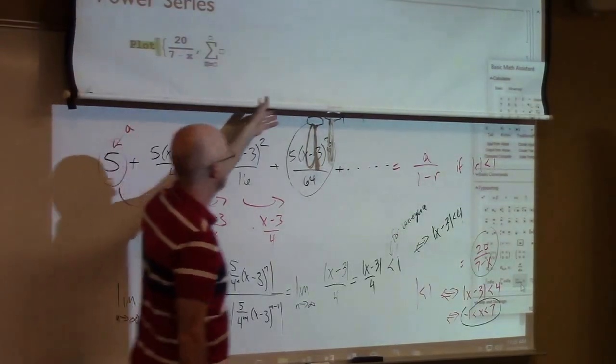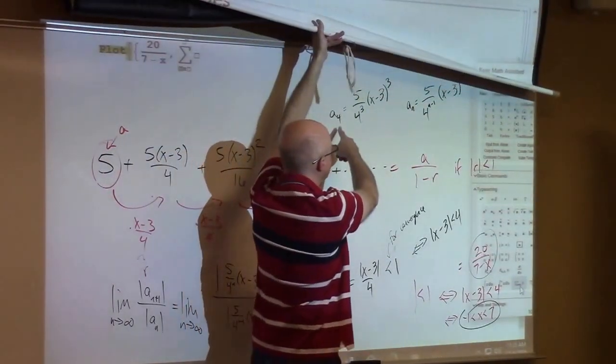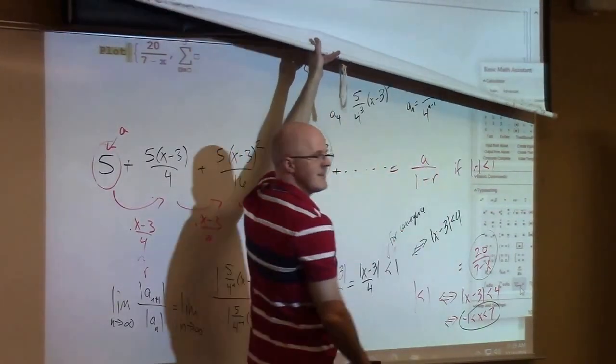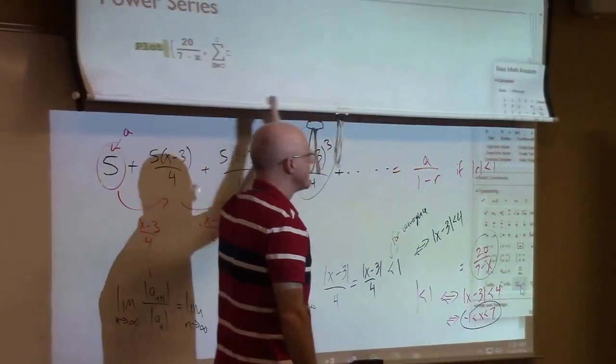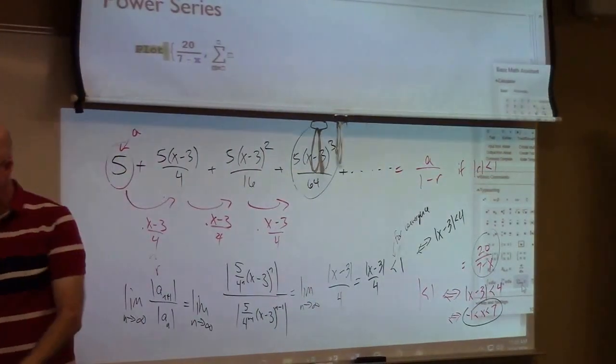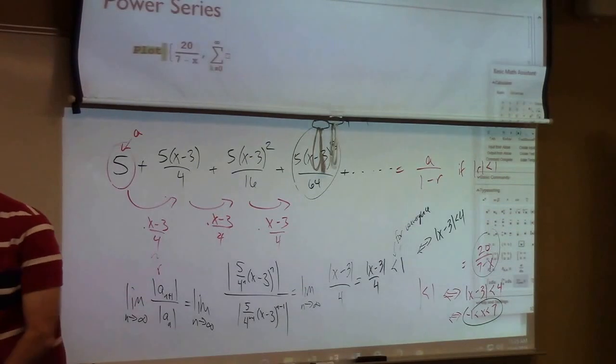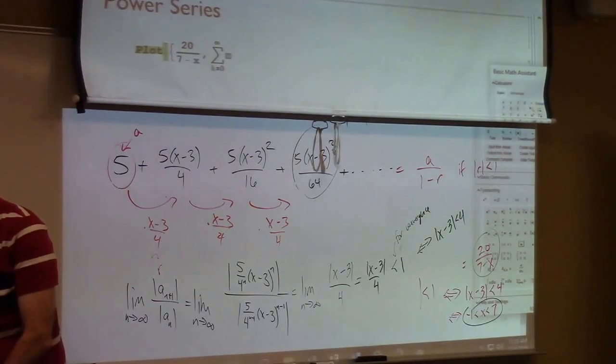Maybe I should have done the index at 0 with this one too. I should have called this A3. And I should have had n there and there. Maybe that would have been less confusing. Let's start the index at 0. What am I adding up?